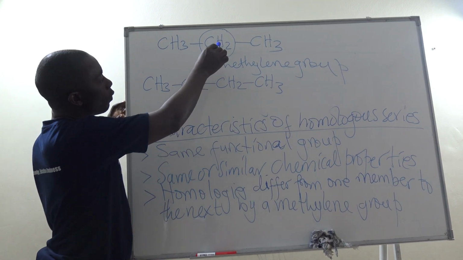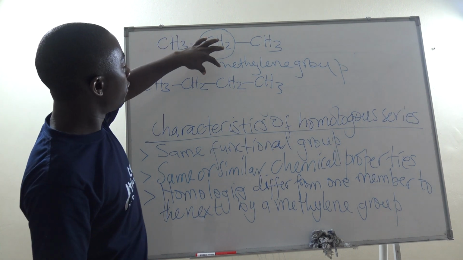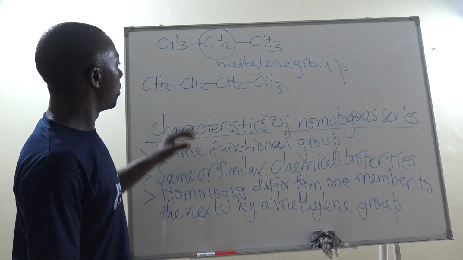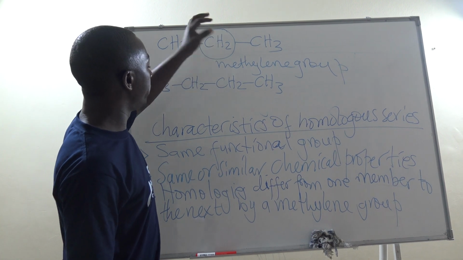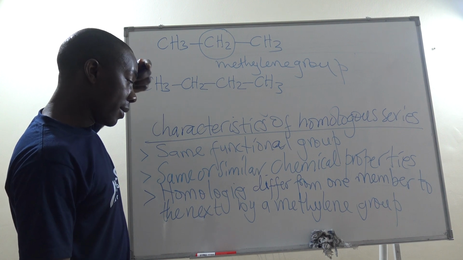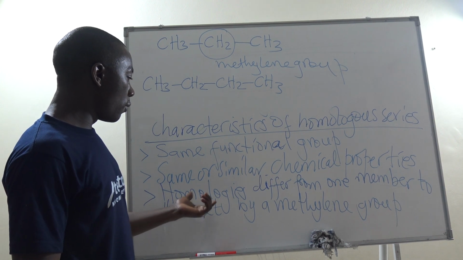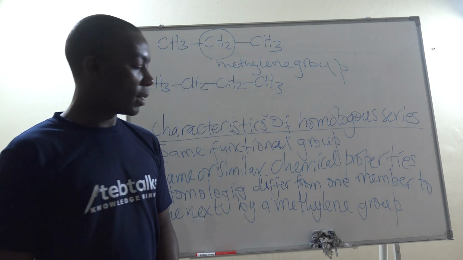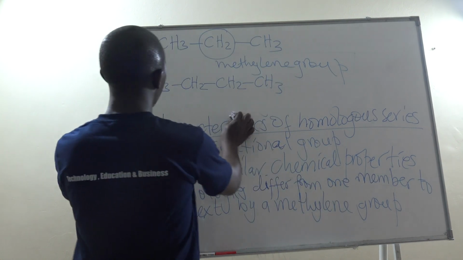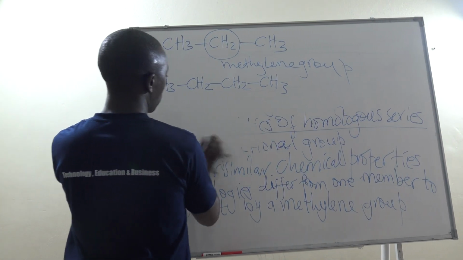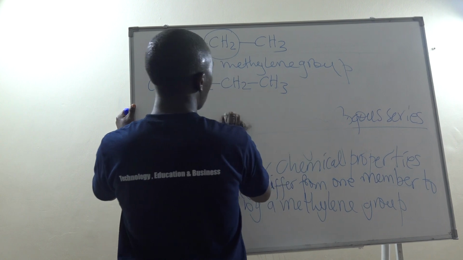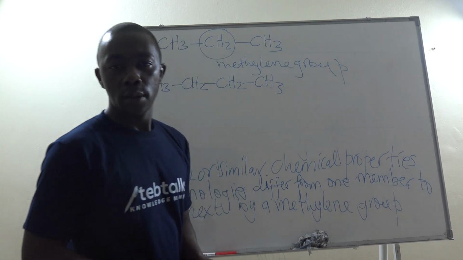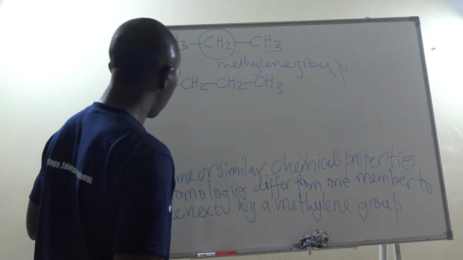This one will have 1 methylene group, while this one will have 2 methylene groups. So both of these lie under alkanes, but they differ in the number of methylene groups. And that's why we are saying that homologues differ from one to the next by the difference in the number of methylene groups.